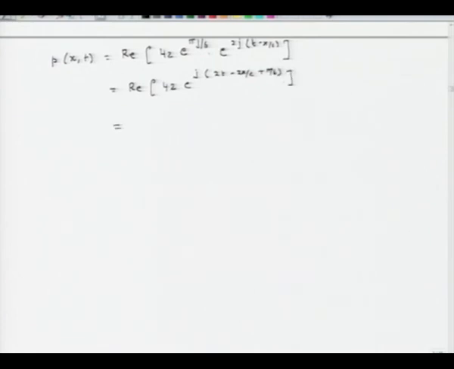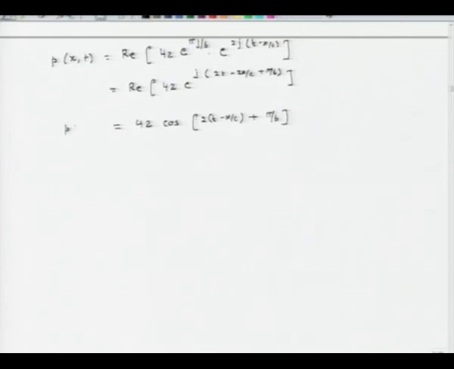So, this is nothing but 42 cosine of (2(t - x/c) + pi/6). So, I will just make it cleaner.